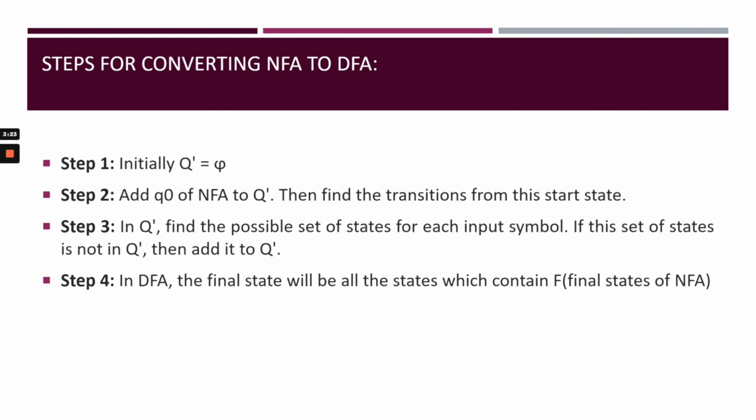If this set of states is not in Q', then add it to Q'. This is a very important step. And the final step is step 4. In the DFA, the final states will be all the states that contain a final state of the NFA. So if we do an example, you will get clarity on converting NFA to DFA.